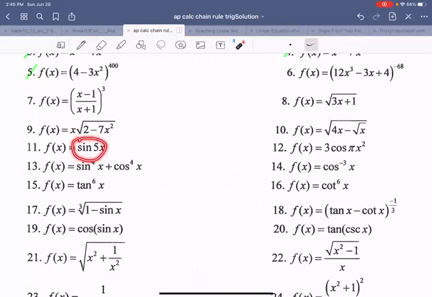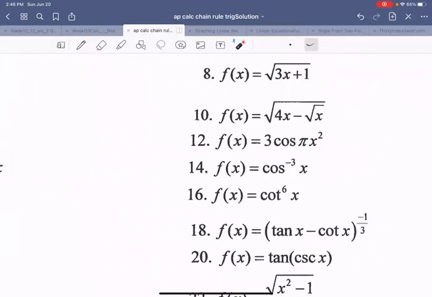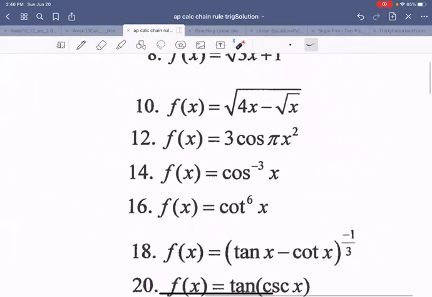You do this derivative, which is cosine pi x. Not finished. You want to multiply by the derivative of pi x, which is pi. So the answer is pi times cosine pi x. Okay, easy question. For this one, 3, you copy down.